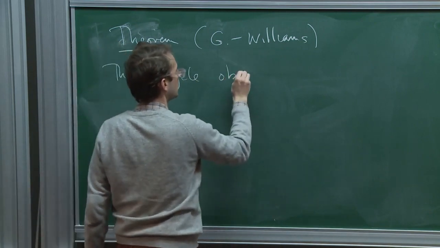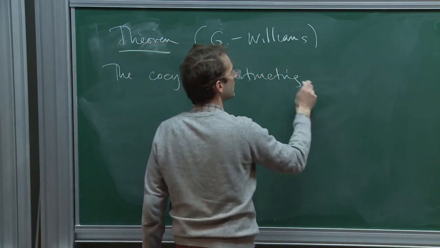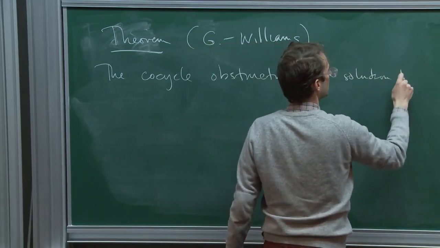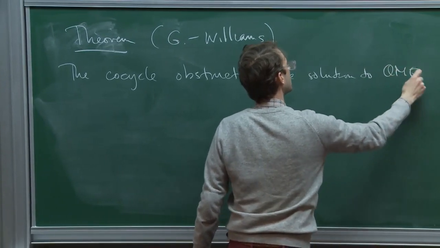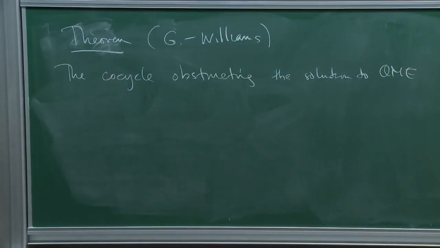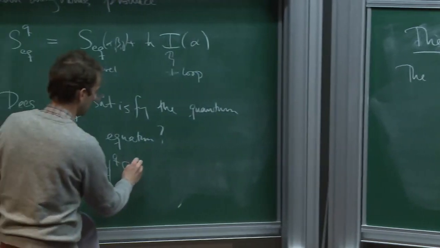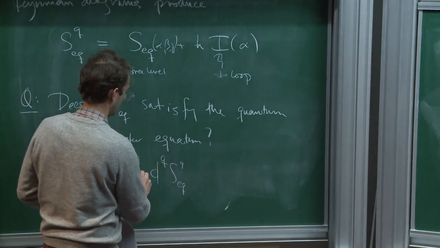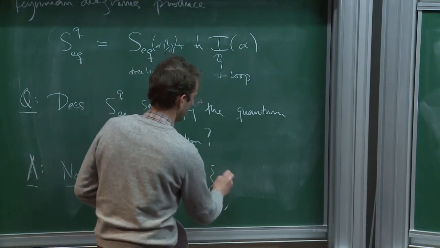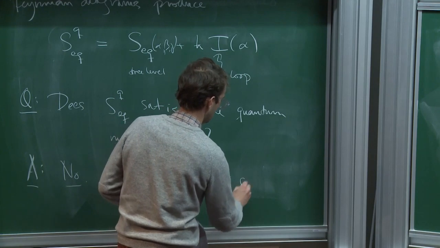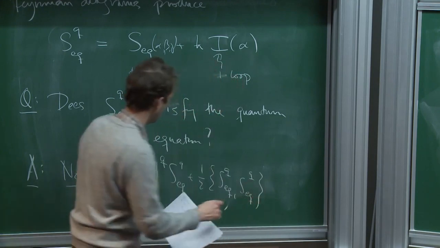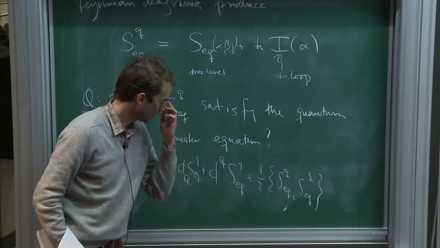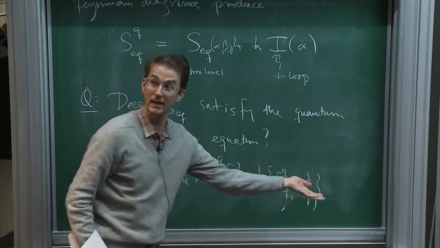The cocycle obstructing a solution to the quantum master equation, meaning if I stick it in, if I do dQ, Chevalley-Eilenberg Q equivariant, plus 1/2, I'd like to know whether this thing is 0 or not. Being 0 would mean it's a moment map element. But if it's not 0, that's my cocycle.